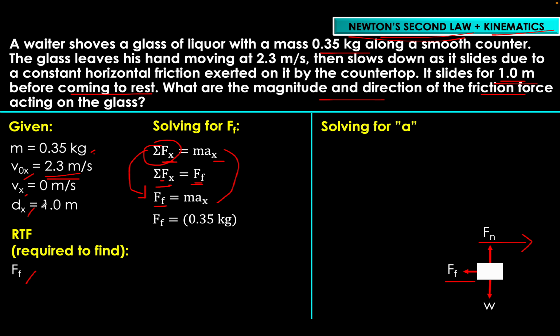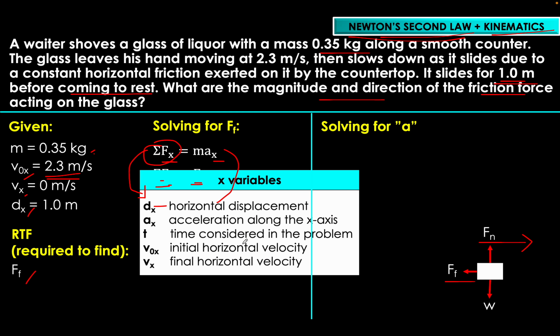And again, if you try to solve for a using kinematics just to help this second law equation, you have to look back at our kinematic variables, and it's this set of variables. We have displacement, acceleration, time, and the velocity value. So if you look at our inventory of given, we have initial horizontal velocity. We know this in the problem. And then we also know our final horizontal velocity, which is 0. And the displacement along x is also known.